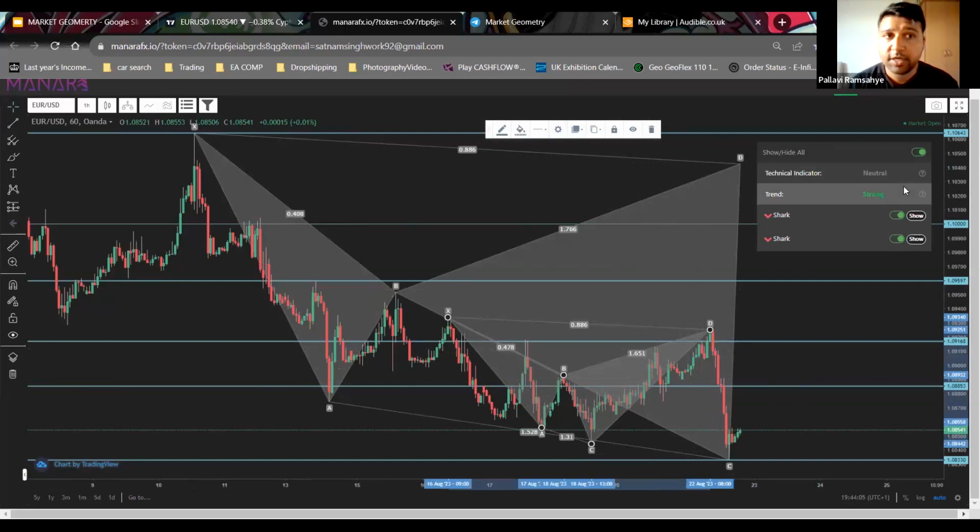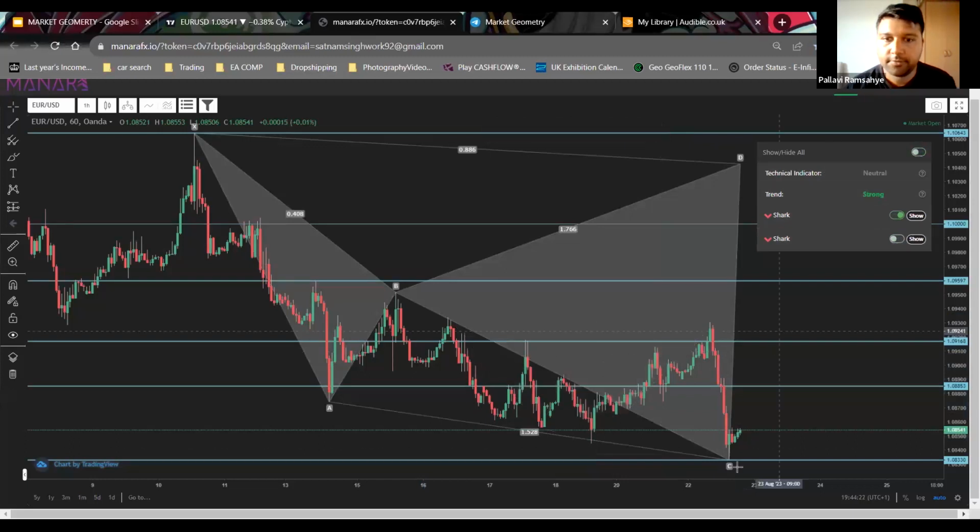So this is really useful, this right here, because if there are multiple patterns on the chart, you can see that this pattern actually played out right here. So it did play out there. So we want this pattern here. Okay. So C has formed here. We're waiting for D to form. Okay.